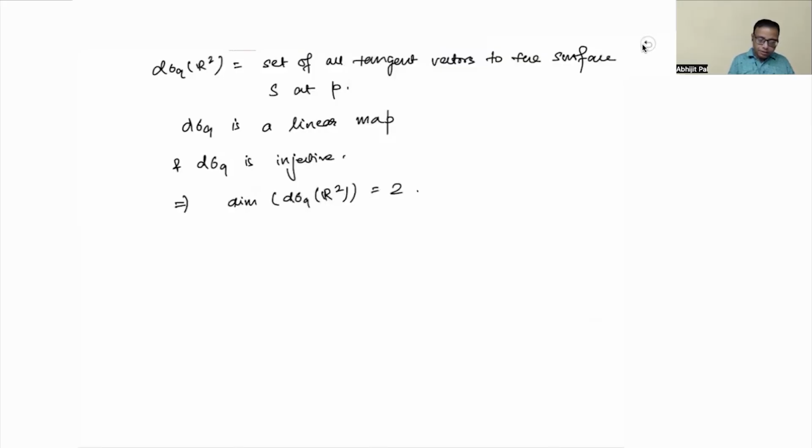All right, and now let me make this remark. While defining tangent vectors, we have done it only by taking differentiable curves on this regular surface. It does not depend upon the surface patch.